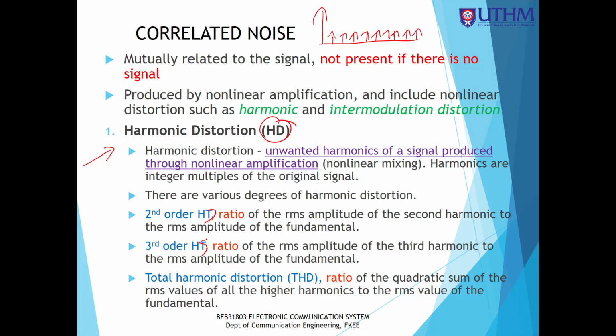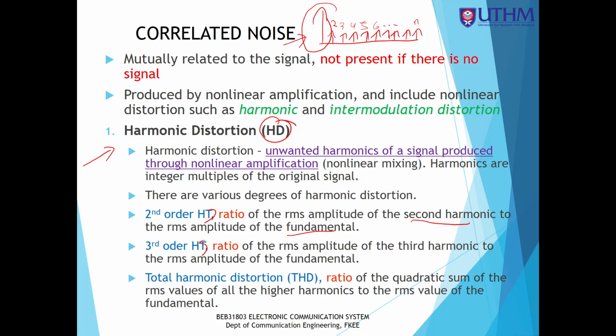Second order HD is the ratio of the RMS of the second harmonic to the RMS amplitude of the fundamental. If you see from my picture, this is the fundamental, the input, the original signal, and the next is second order, third order, fourth order, fifth order, sixth order, until the nth order.